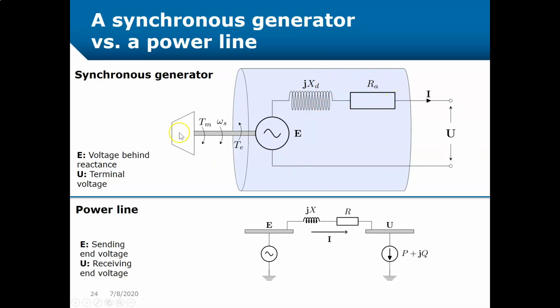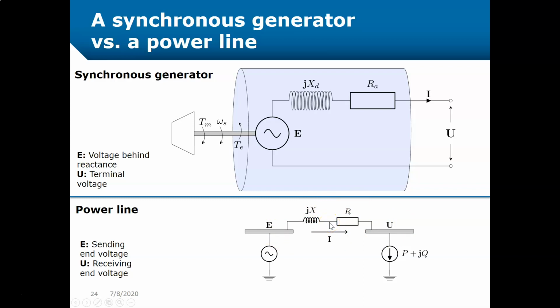Of course, we have a turbine connected to the generator with a torque of T_m, with a synchronous speed omega_s, and so this is the mechanical torque, this is the electrical torque on the generator side. For the power line, we typically can represent it as a sending end voltage and a receiving end voltage, and then we have a reactance of the line and a resistance of the line.